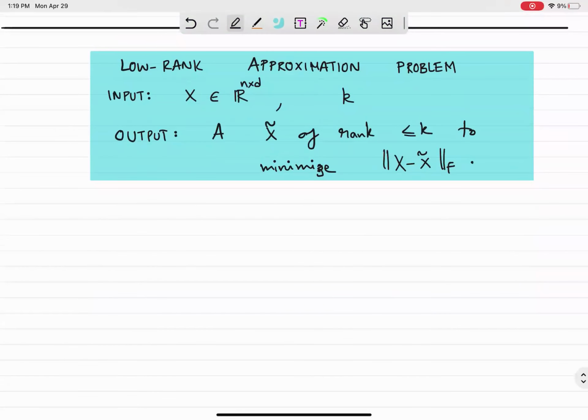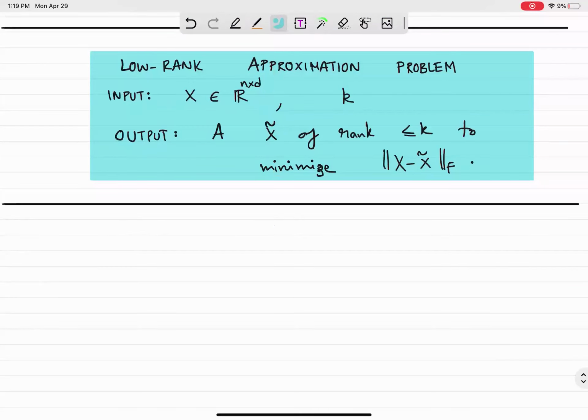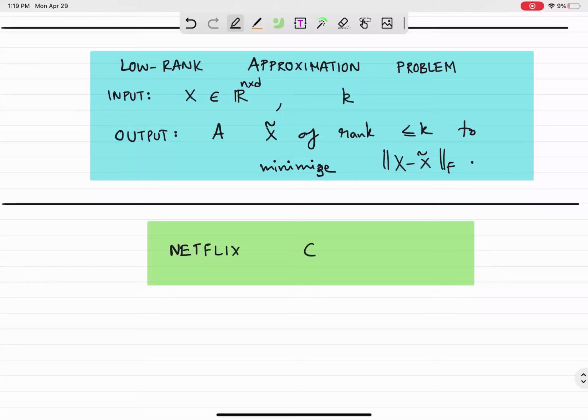All right. There are various applications of the problem, but let me describe perhaps the most popular one. This relates to what's called the Netflix challenge. This was something that came about when I was starting my grad school many, many years ago.